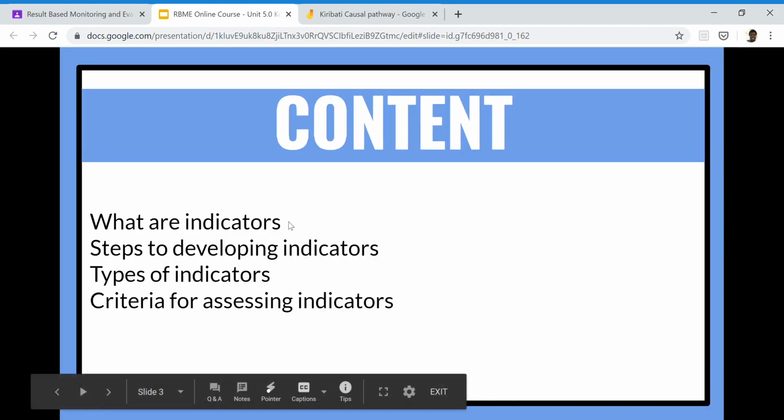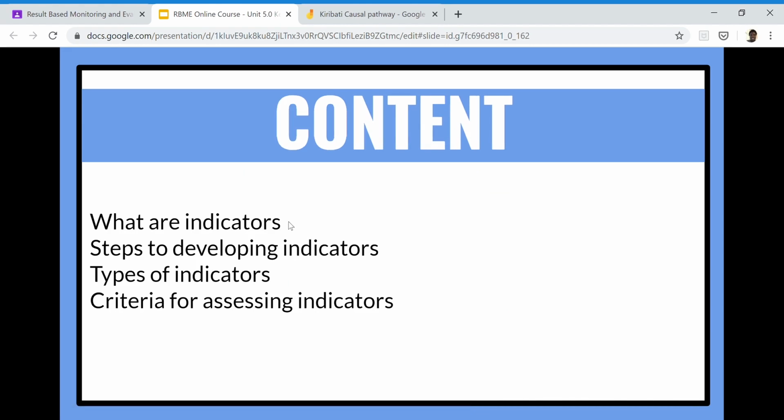So in the next few minutes, I will be discussing with us what key indicators are, what steps you need to develop your indicators, types of indicators, and criteria for assessing indicators.